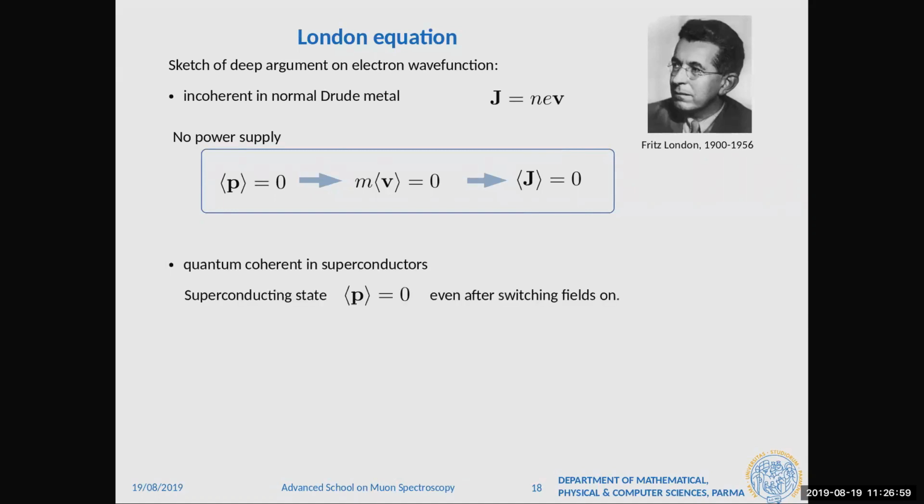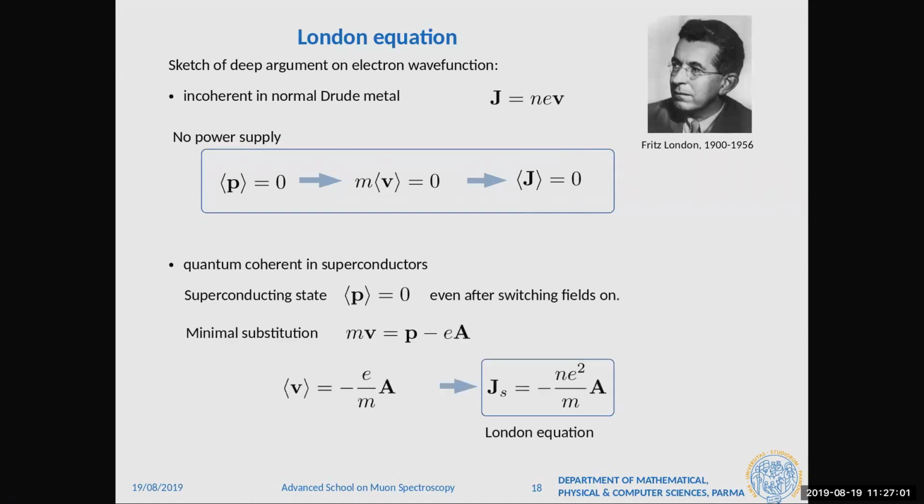So what do you do when you apply magnetic field? What you do is the so-called minimal substitution. Instead of P, you substitute P minus charge times the vector potential. So now, if this has to be 0, then this is a very crude, short version of his thinking.